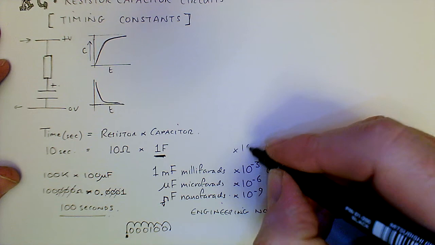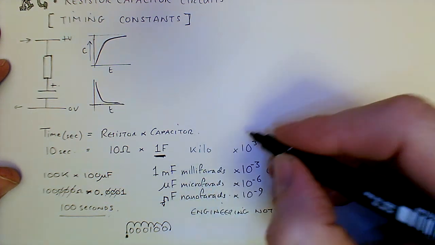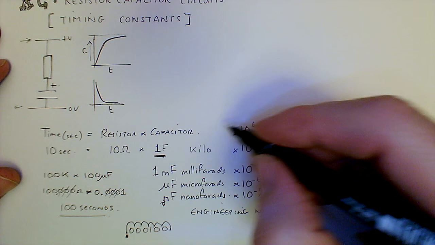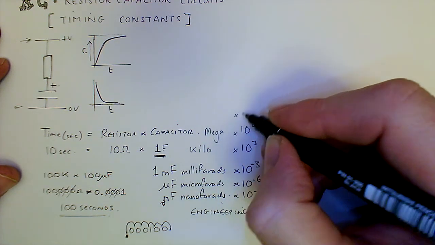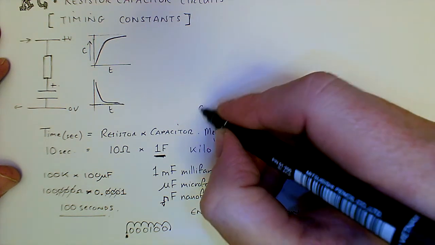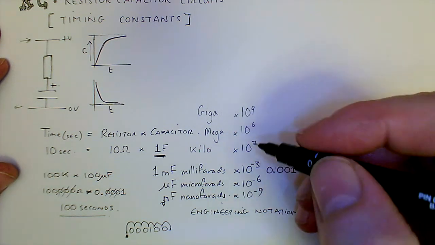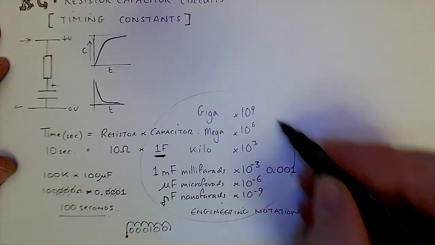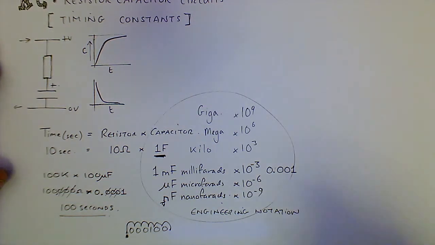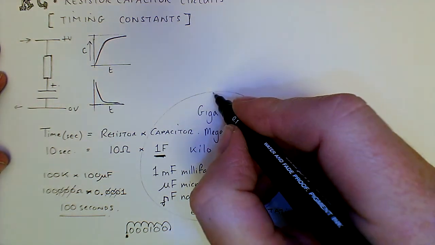Times 10 to the 3 would be kilo, like kilometers. 10 to the 6 would be mega, like a million, and times 10 to the 9 would be giga, like giant. But we'll do a separate video on these to cover both electronics and mechanical engineering.